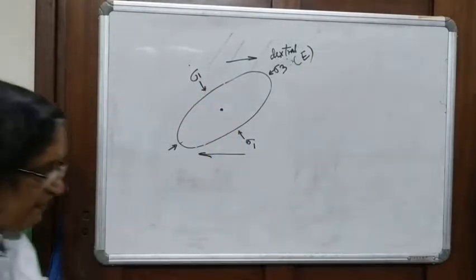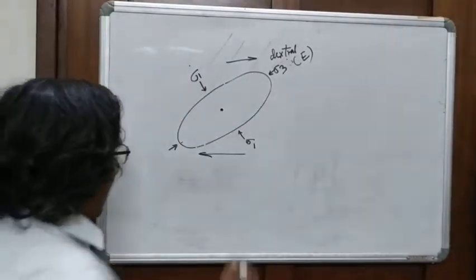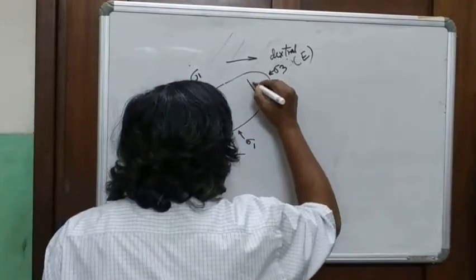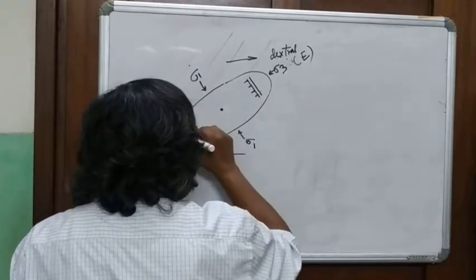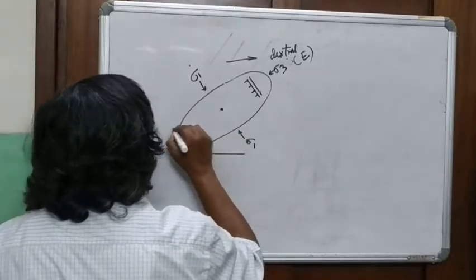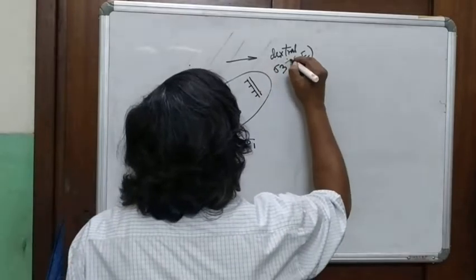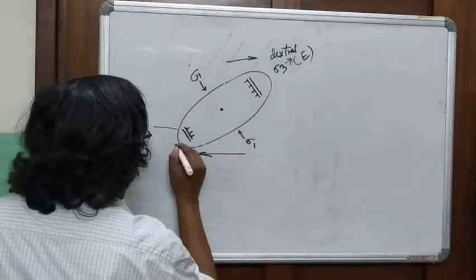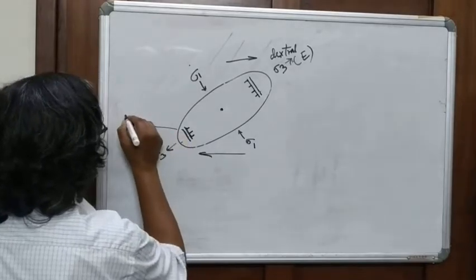Now you see, normal faults are normally found here. This is the zone where you find normal faults.